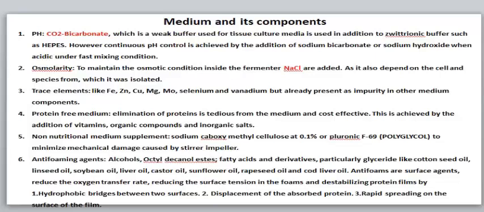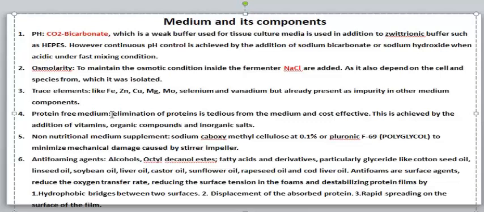Thereafter, osmolarity, which is also maintained by sodium chloride. Trace elements we add there: iron, zinc, copper, magnesium, molybdenum, selenium, vanadium. But these are already present in the other medium components as impurity, because whenever we look at a medium box it is not 100%, sometimes 98% pure, 99% pure, 97% pure.